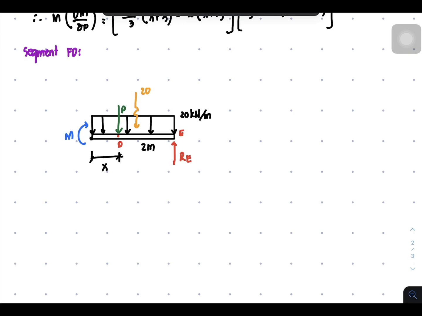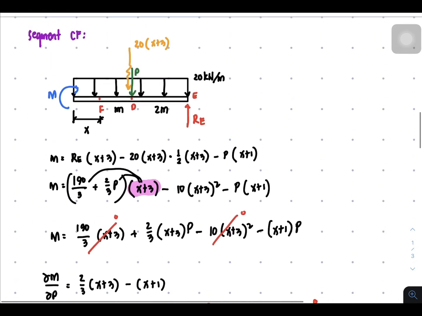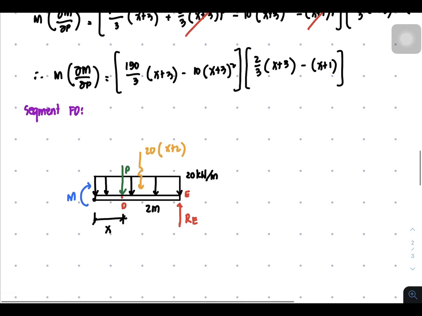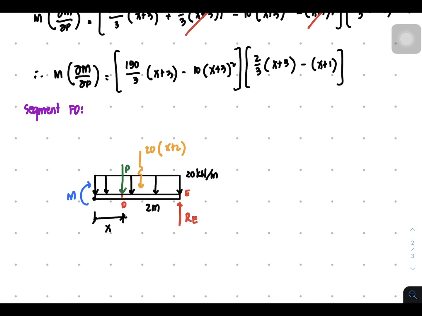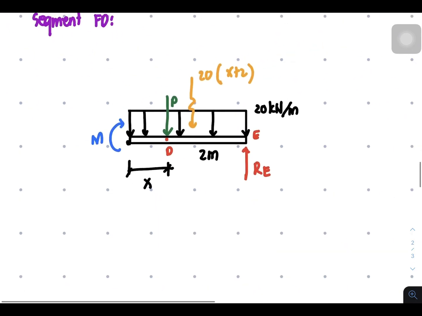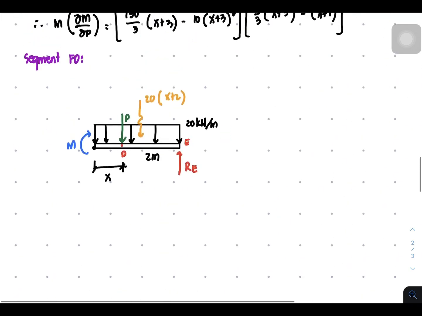And the resultant is no longer, the resultant now is 20 times x plus 2, not x plus 3. Remember, x plus 3 na siya ganina because of that segment CF. Yeah, FD naman ta, so that's now 20 times x plus 2. And same location for our P, since P is applied at point D.